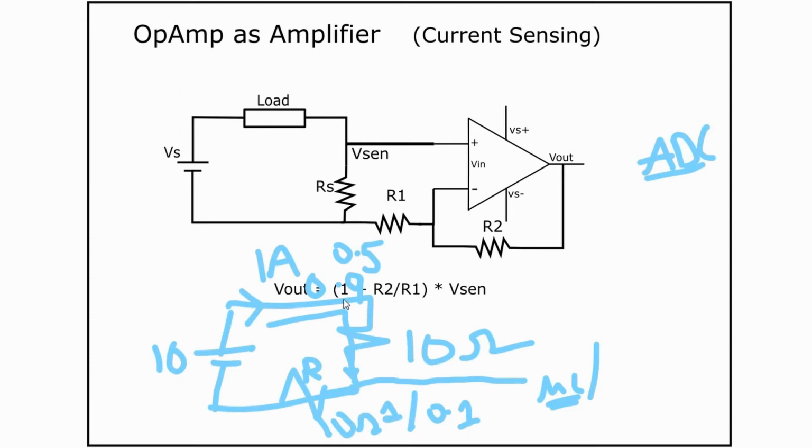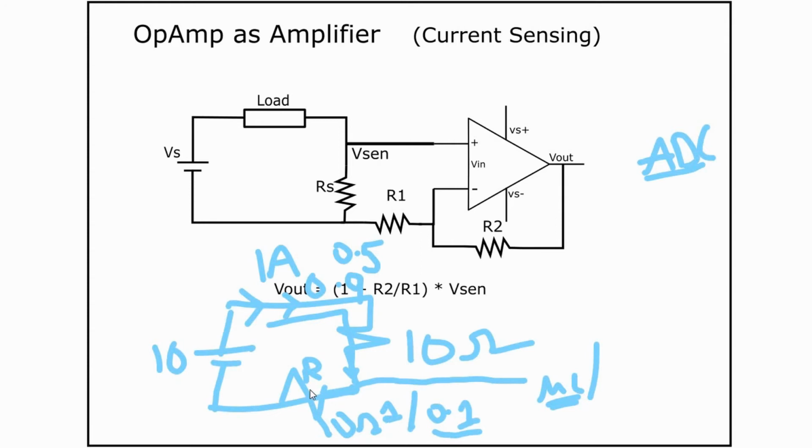Using 1 ohm, the current is getting reduced. If you're okay with that, you can use this. Or else we can go with a 0.1 ohm resistance. If you put a 0.1 ohm resistance here, this current is not going to change much. That is one advantage.